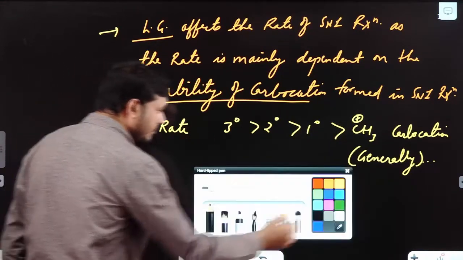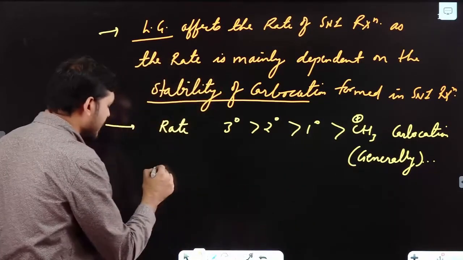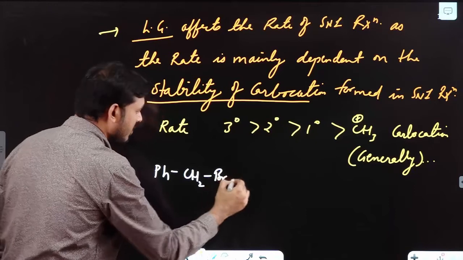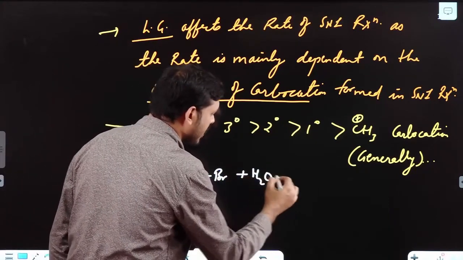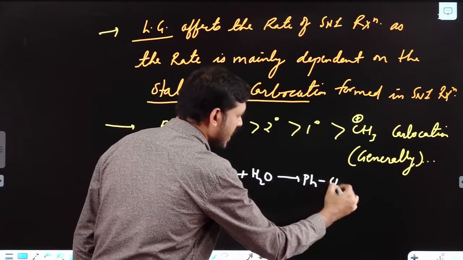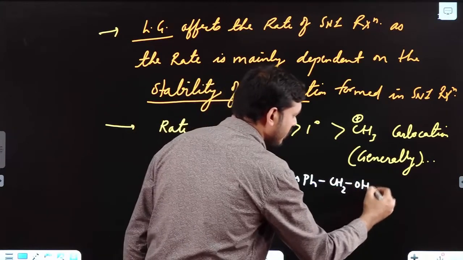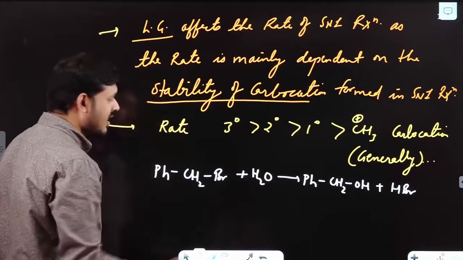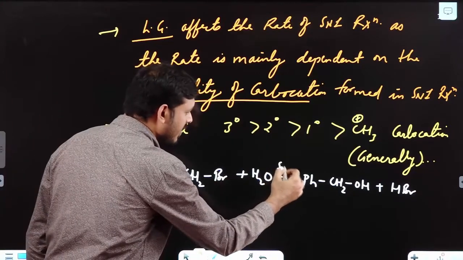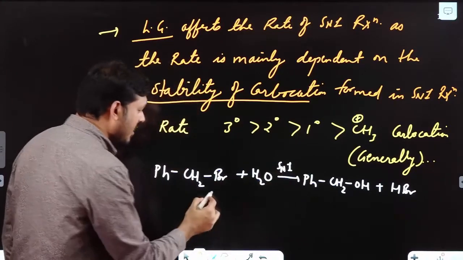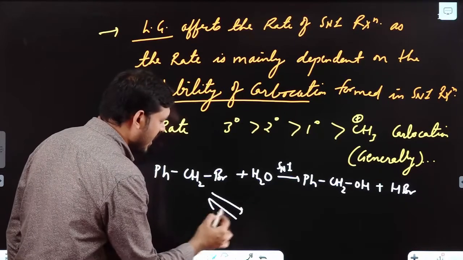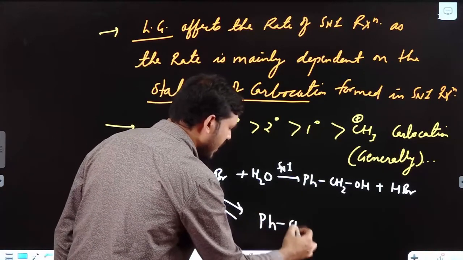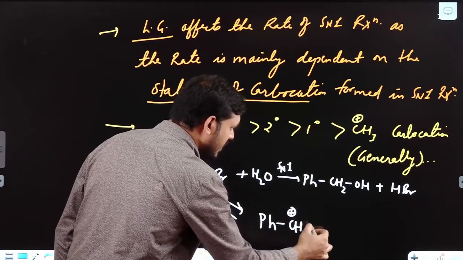Understand, suppose if I say PhCH2Br plus H2O and it gives PhCH2OH plus HBr, this reaction proceeds via SN1 predominantly, and the carbocation generated, as we say this reaction is reversible part, the carbocation generated here is PhCH2 plus.